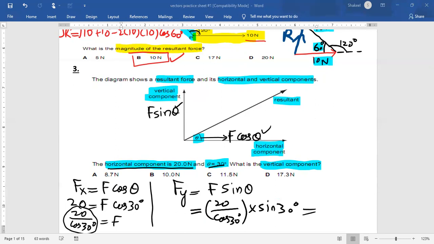okay, let me calculate the value quickly. It is 20 divided by cos 30, which is 0.939, and multiplied by 0.5. So that is 10.64.